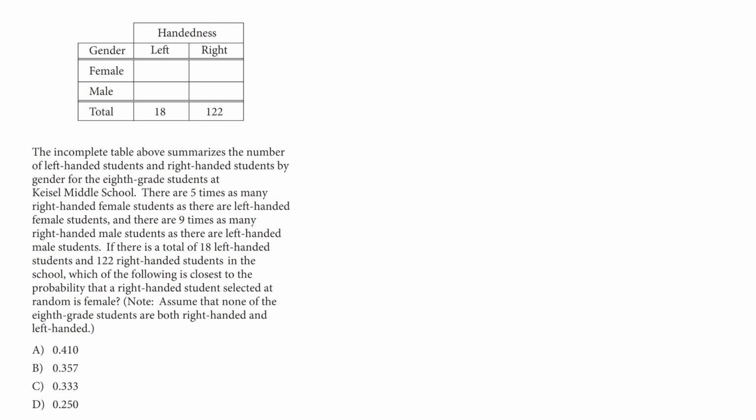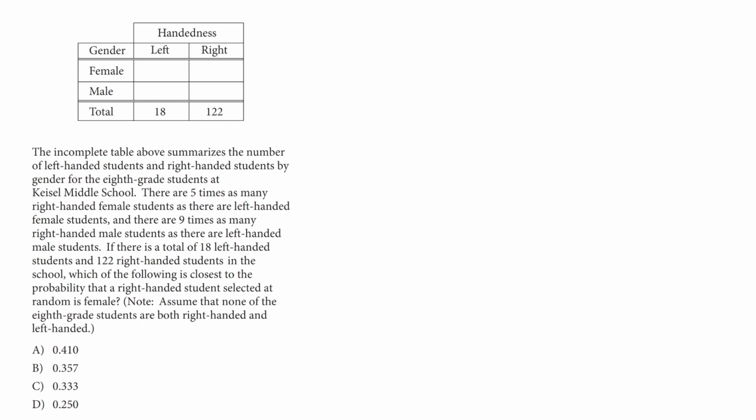So we have to do 2 things. One, we have to understand the breakdown of our right and left-handed students. Essentially we have to fill out this table so that we can find the probability that a right-handed student selected at random is female. So let's start by finding this breakdown.